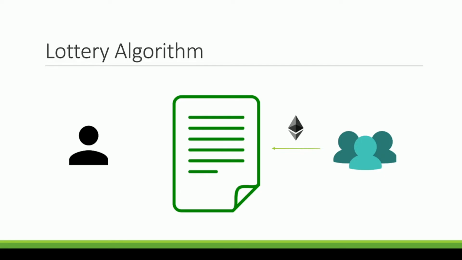Now, once they have participated in this lottery, the manager of our contract will call a function called pickWinner. But in order to call this pickWinner function, there will be a condition that there should be at least 3 people participating in this lottery. That is the criteria that we are going to have.